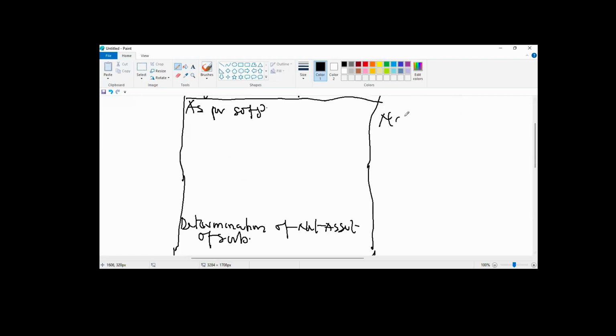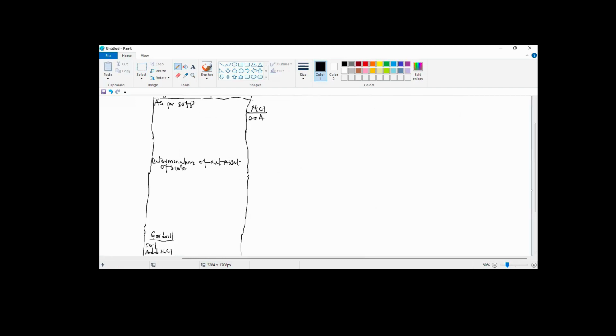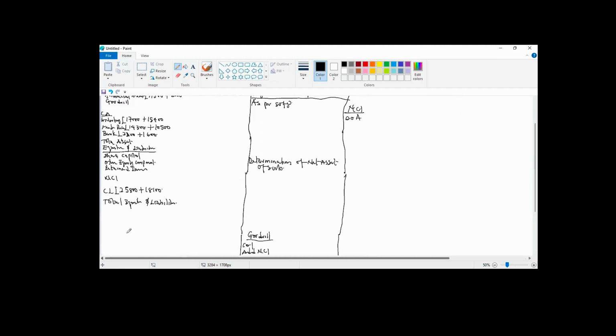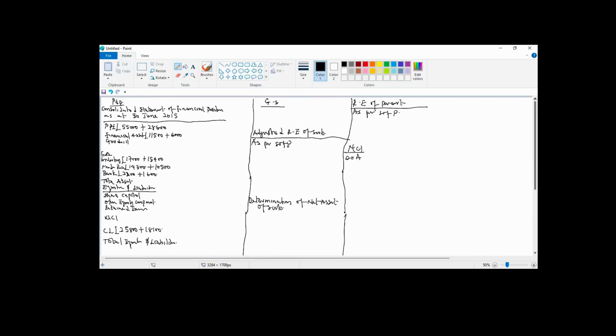Okay, NCI at date of acquisition. This is what I will do in exam. Look at it. This is what I will have done in exam. This is what I will open down.